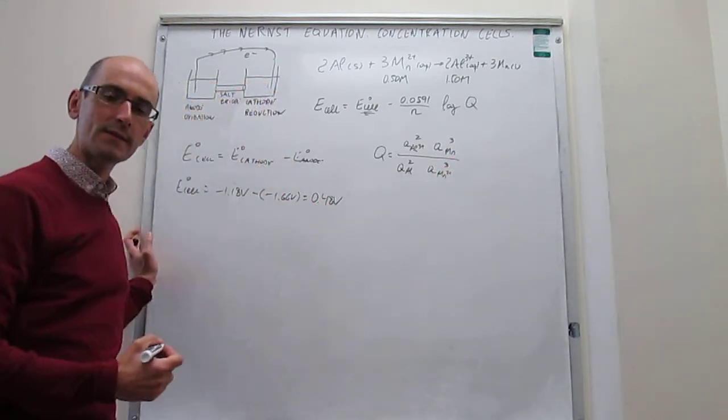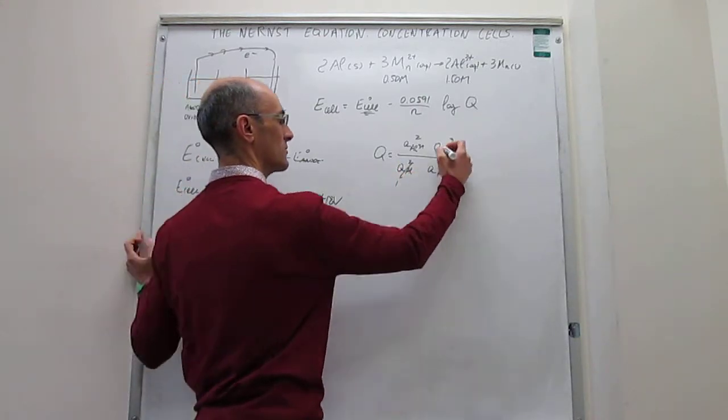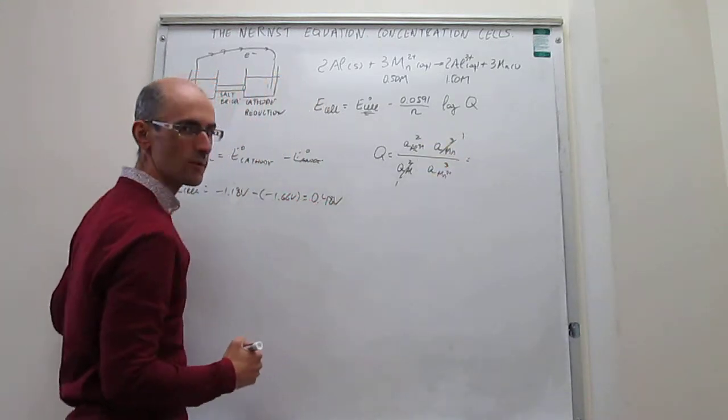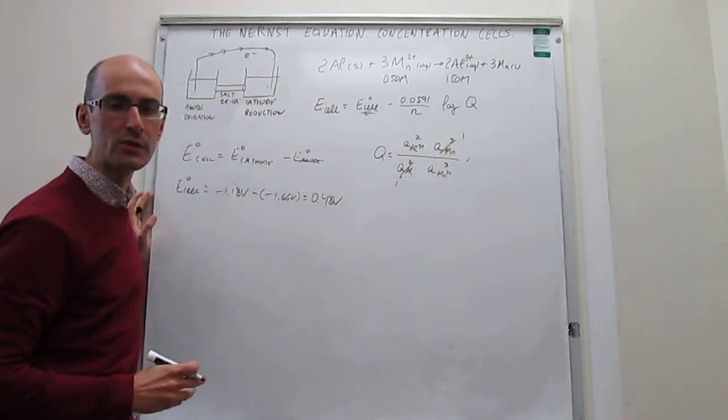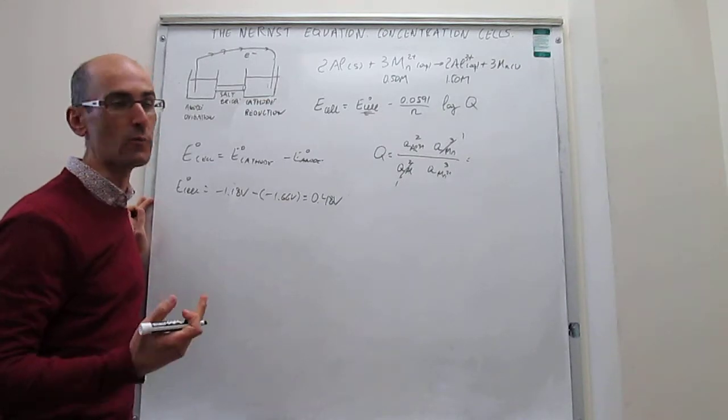Okay, remember that the activities of solids are 1, so then this is going to be 1, that is going to be 1, and the activity of ions in solution is simply the molar concentration divided over the reference concentration, which is going to be 1 molar.